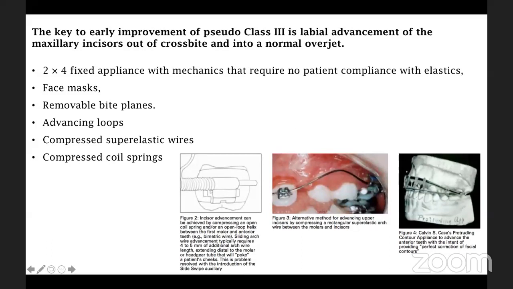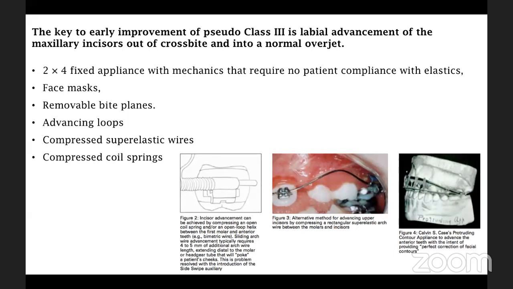What I'm trying to say basically is that the key to the improvement of a pseudo class 3 is the labial advancement of the maxillary incisors. A pseudo class 3 acts like a functional appliance, or like a reverse twin block for a class 3.